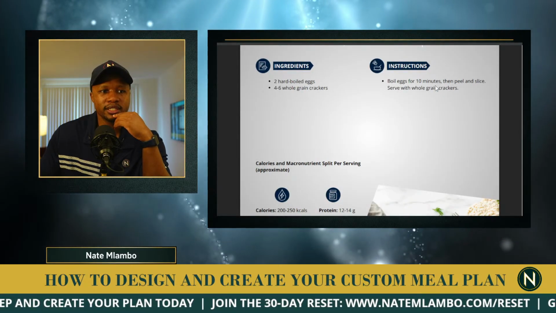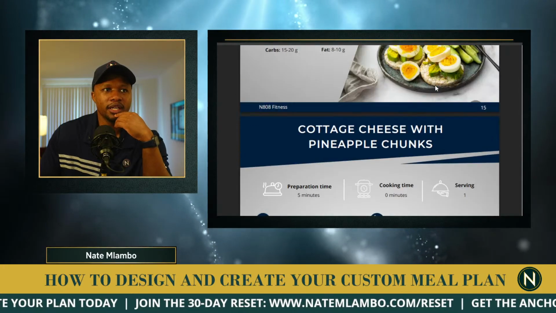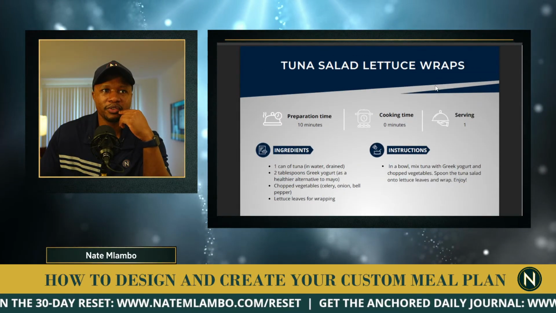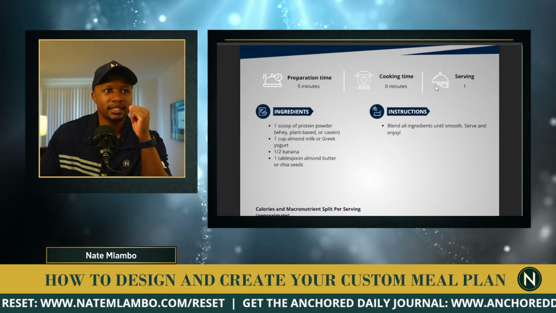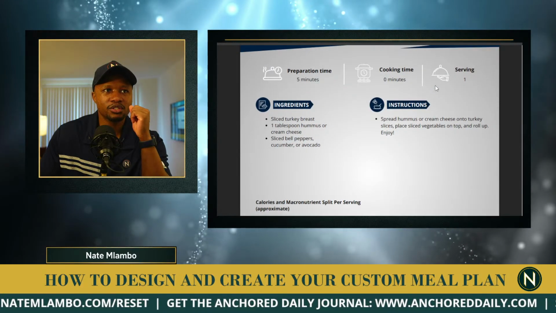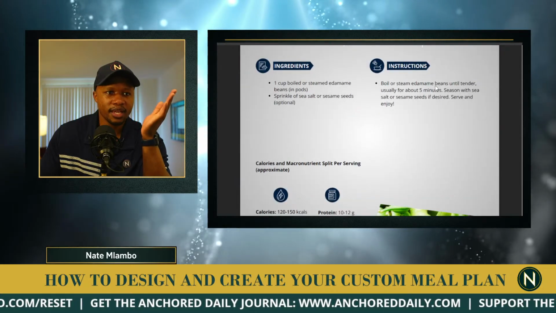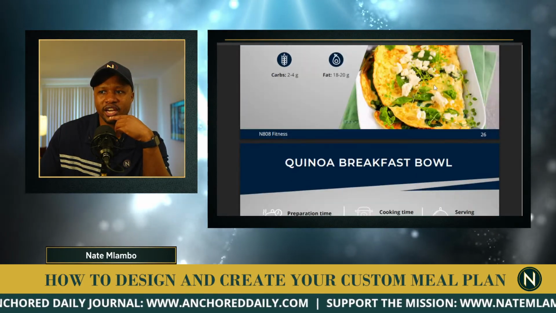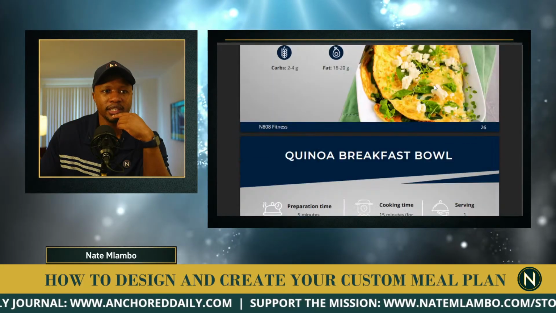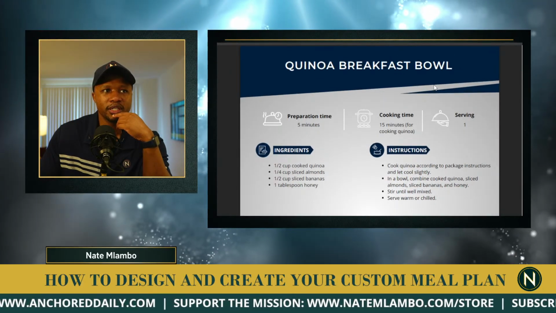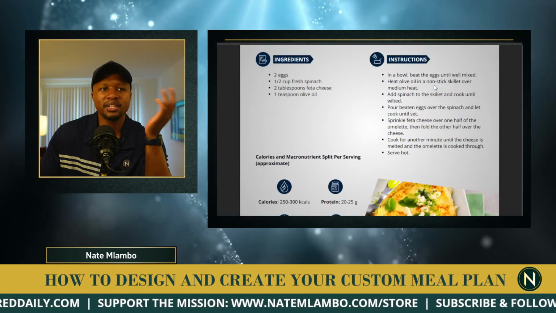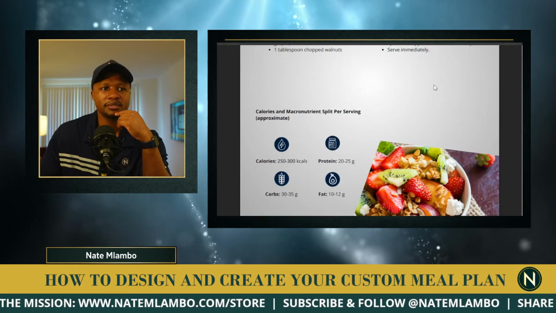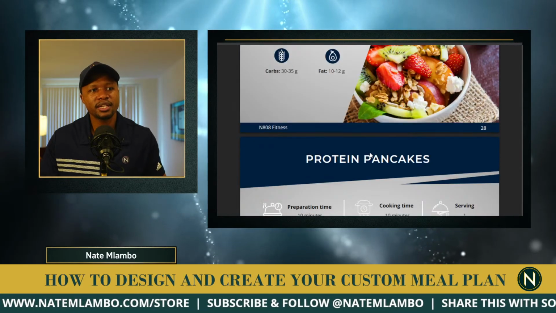You get hard-boiled eggs, cottage cheese with pineapple chunks, tuna salad, wraps, protein smoothies, turkey roll-ups, all of these meals. You've got your quinoa wrap, your quinoa breakfast, a spinach feta omelet, and a cottage cheese and fruit plate.